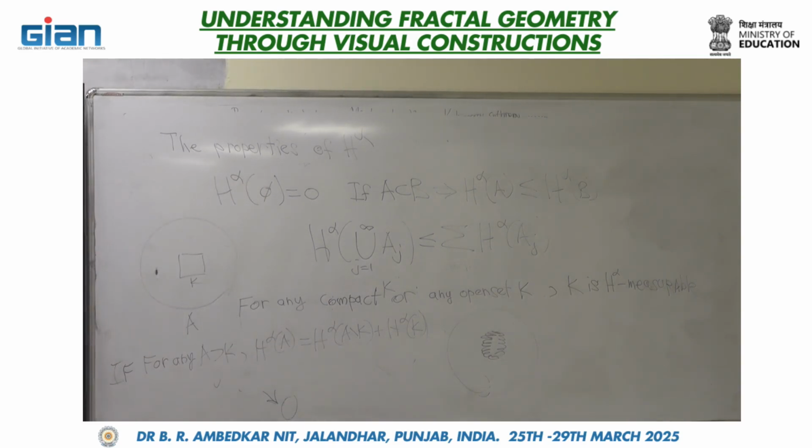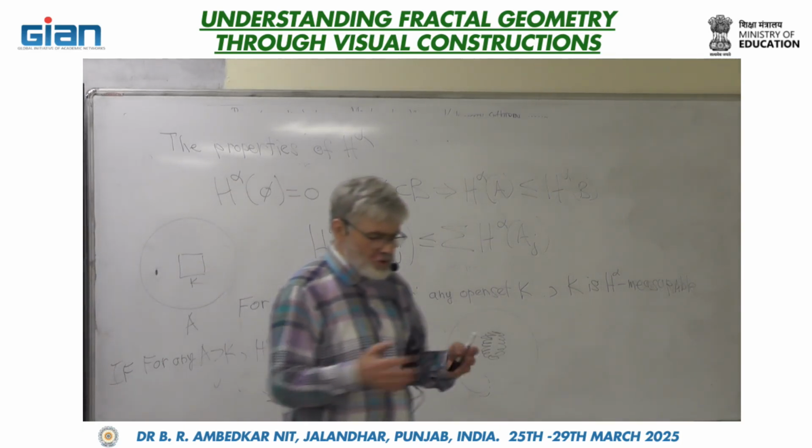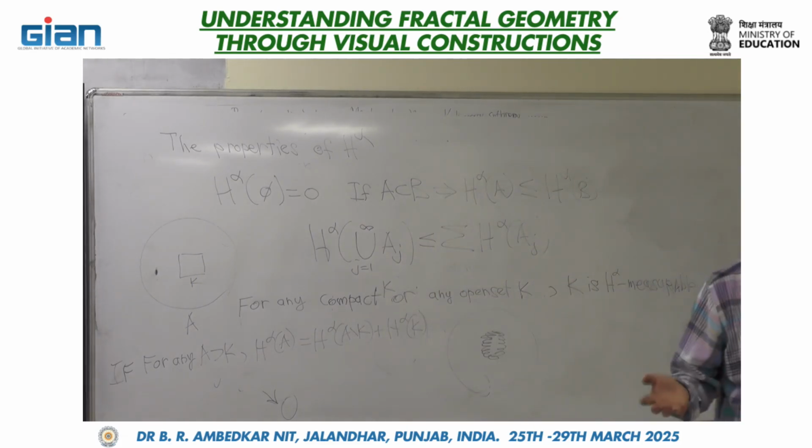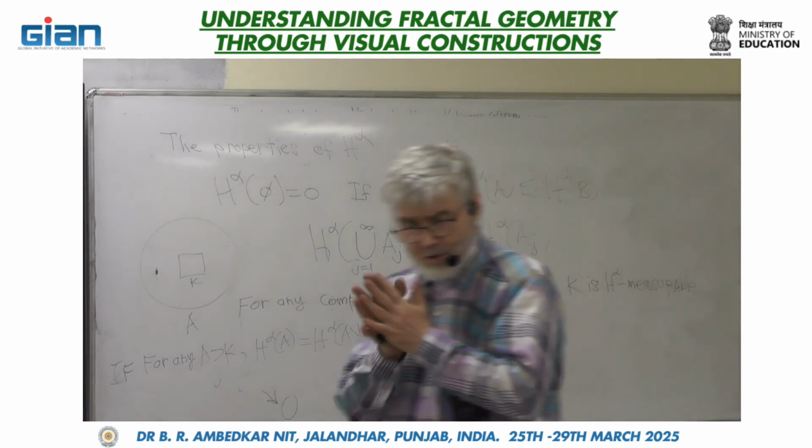So the Hausdorff dimension is the border between those alpha for which H alpha of K is 0 and those alpha for which H alpha of K is infinity. But you see, how to determine which set has finite Hausdorff measure and infinite Hausdorff measure, because Hausdorff measure is not easy to compute.